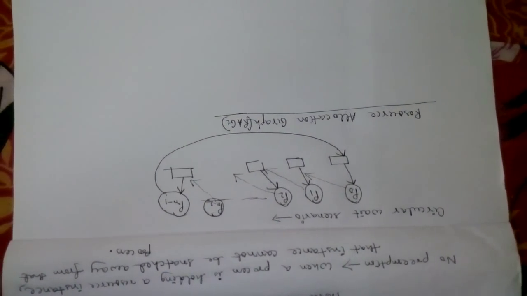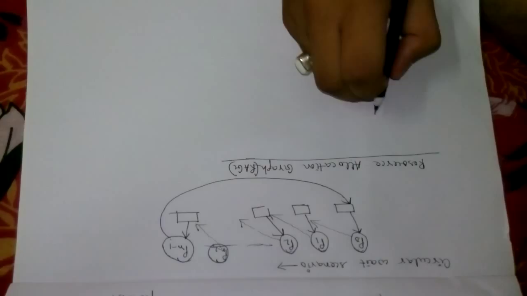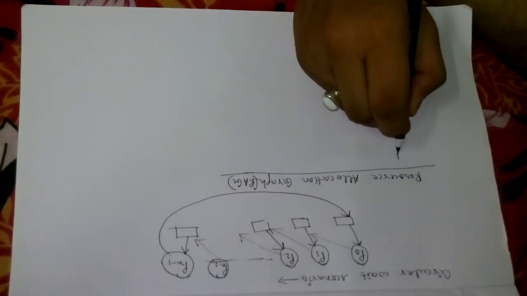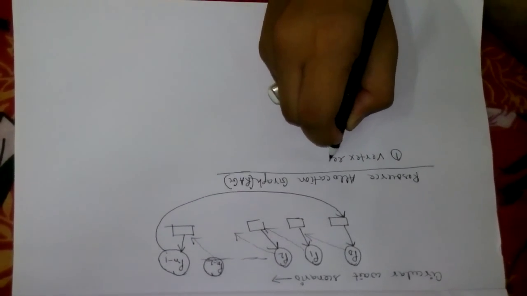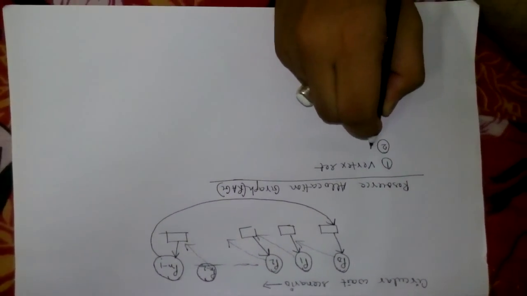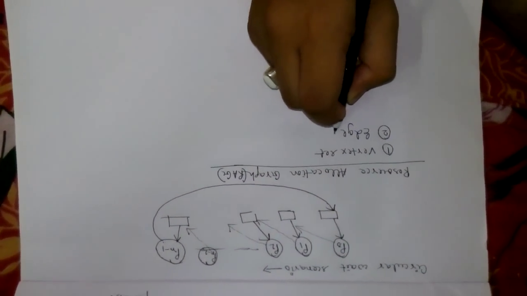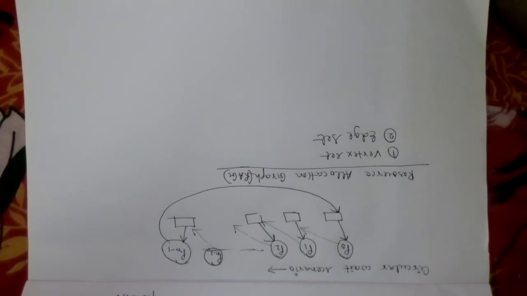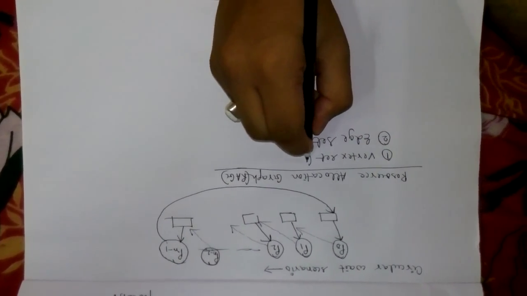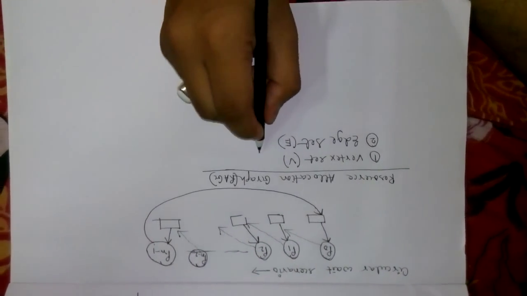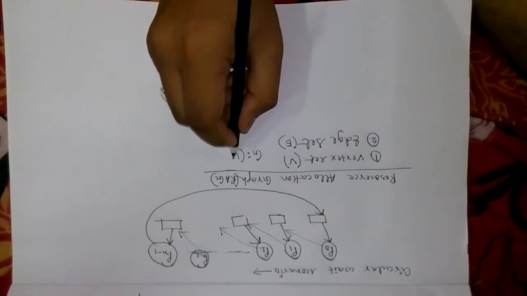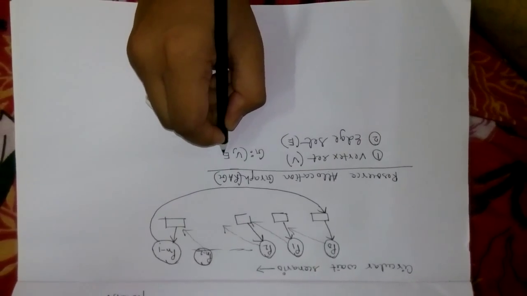Now obviously in this resource allocation graph, like any other normal graph, we are going to have a vertex set and an edge set. The vertex set will be denoted by V, the edge set by E, and the graph will be a collection of the vertex set and the edge set.